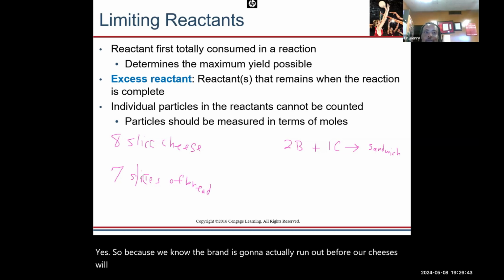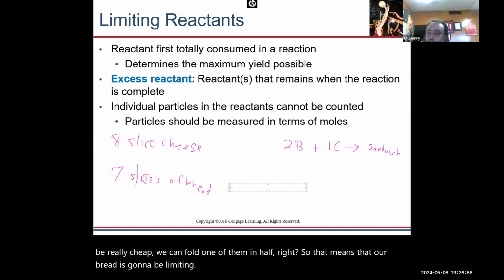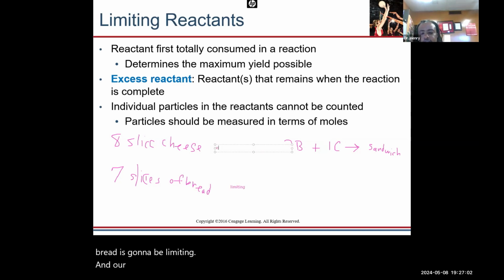So like you said, we'll be able to make 3 full sandwiches, and if we want to be really cheap, we can fold one of them in half, right? So that means that our bread is going to be limiting, and our cheese is going to be in excess.